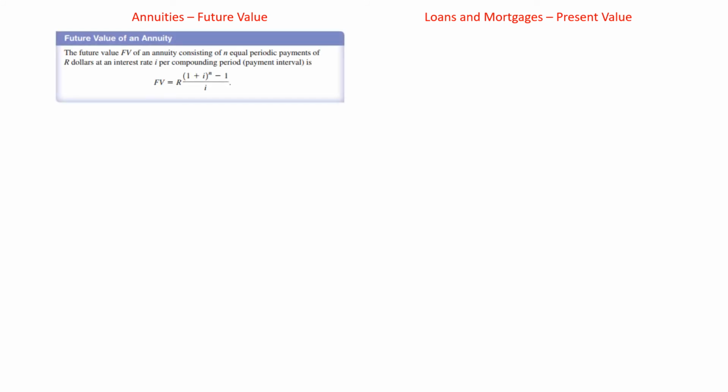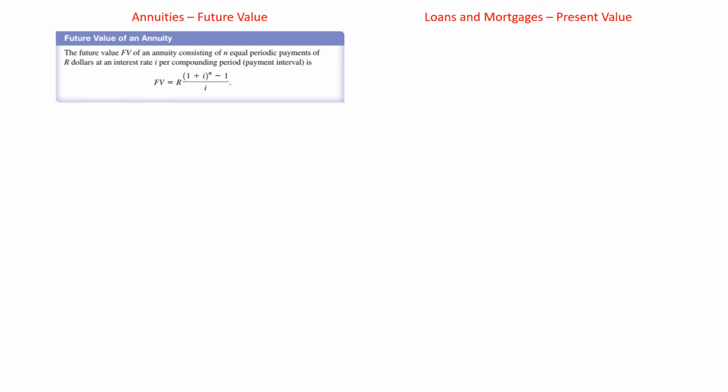And the equations are very, very similar. So the annuity is the future value. We have payments of R dollars. We're always putting in the same amount each time too. We're not randomly putting in different amounts. Again, that would complicate things. This is a simplistic version of it.